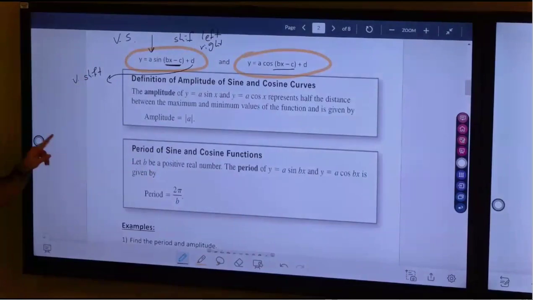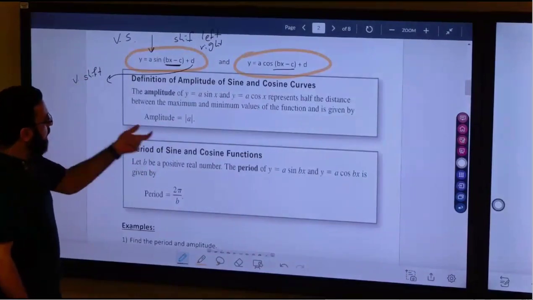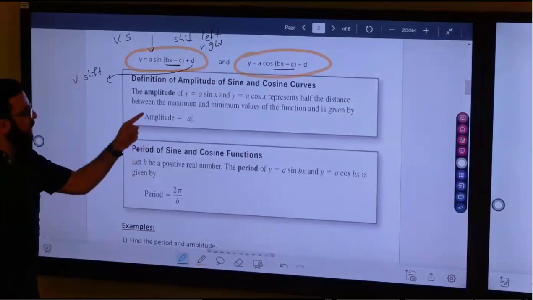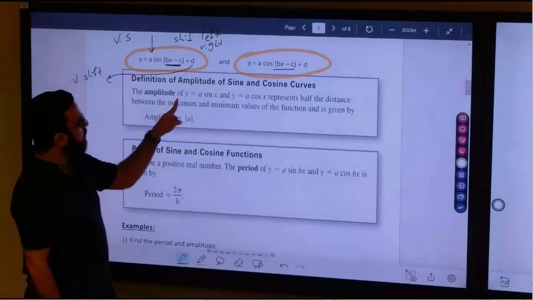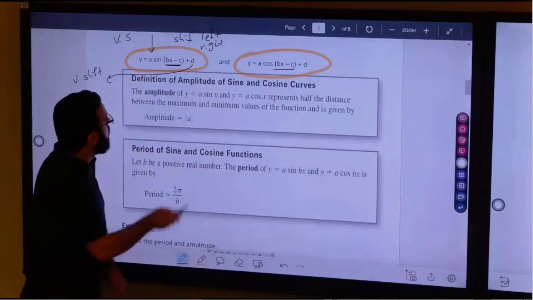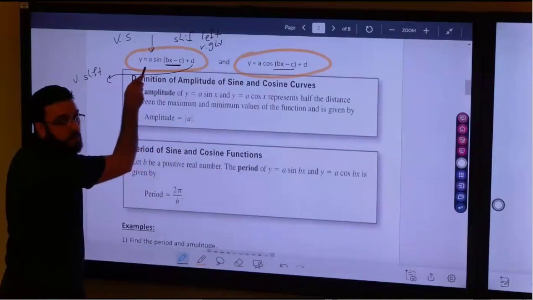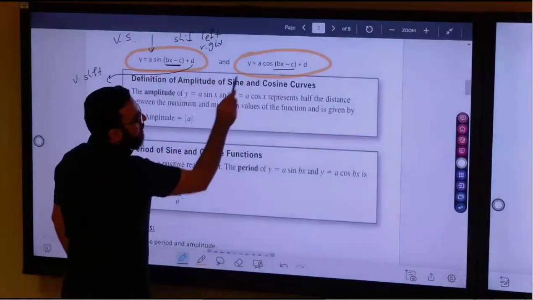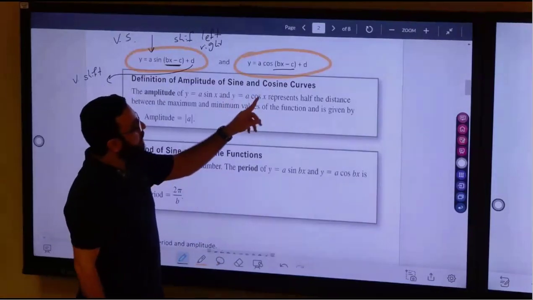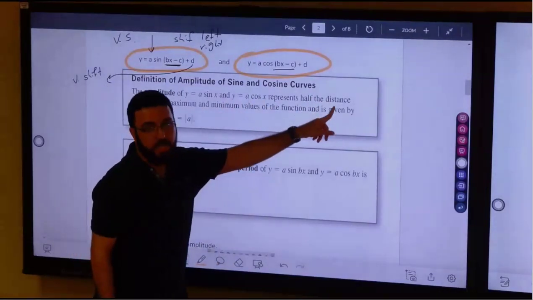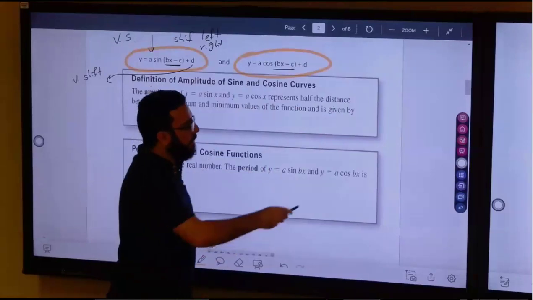Now we have another 2 basic functions, which are the sine and cosine. How to find the amplitude? The amplitude of y equals a sine x, the same a here, and y equals a cosine x, represents half the distance of the wave.